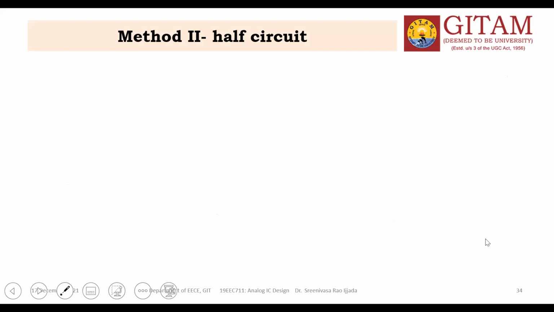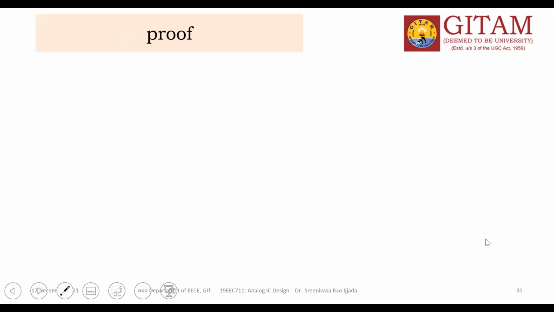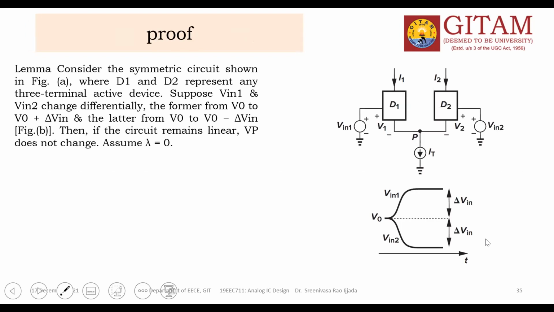Next, the half circuit method. Generally we have two methods to find the response: the superposition theorem and the half circuit method. This is the half circuit method. The concept of the method is dividing the circuit like this.